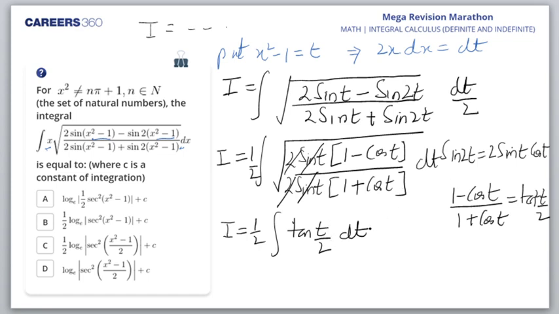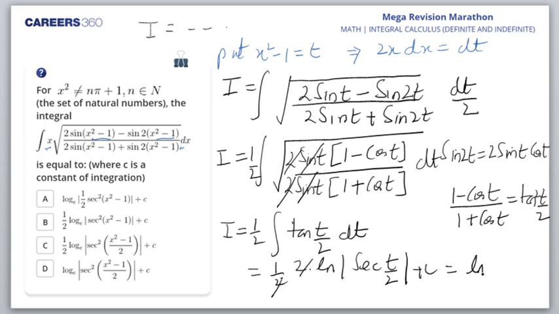So tan t by 2 I'll get, and tan t by 2 integration would be half into 2 ln of secant t by 2. Is it right, students? I substitute t back. What would it be? 2 and 2 would get cancelled.